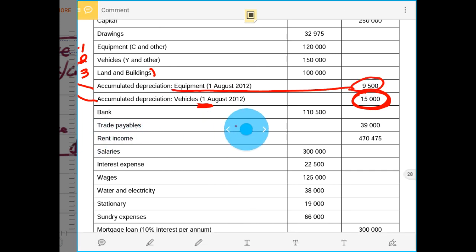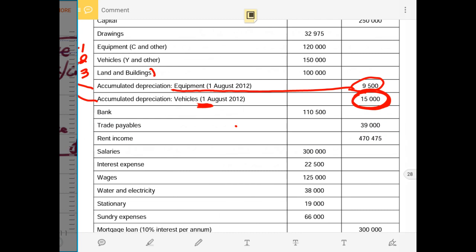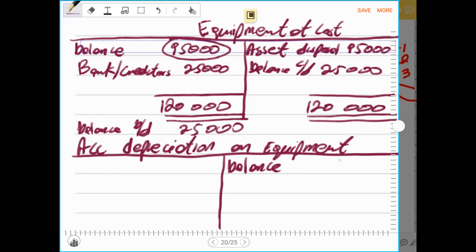So I record that 9,500 as an opening balance as it is stipulated. Then I record depreciation for the current financial period.